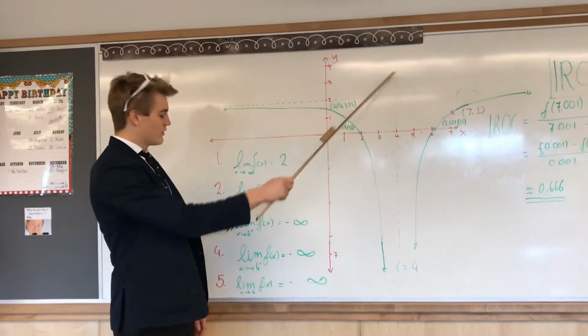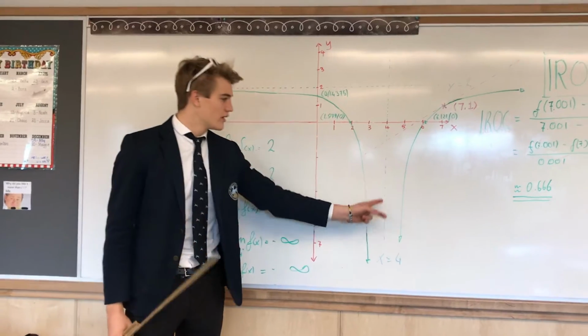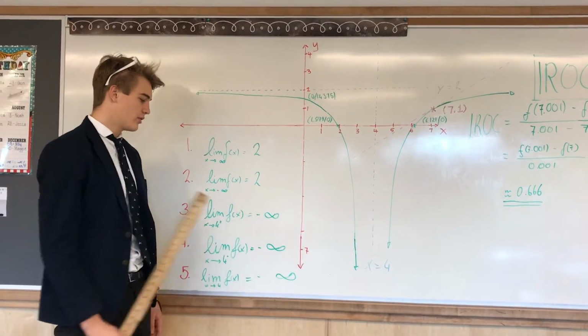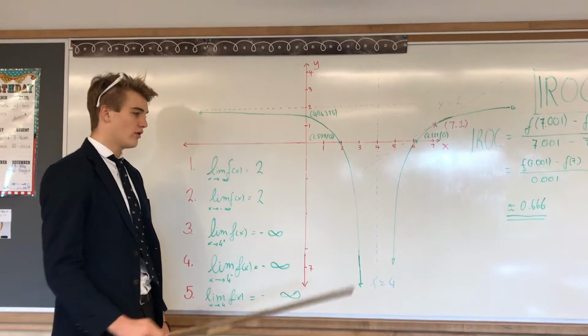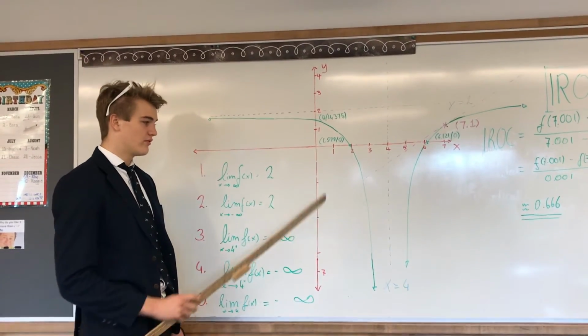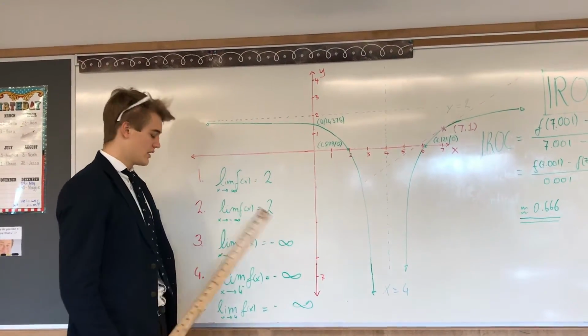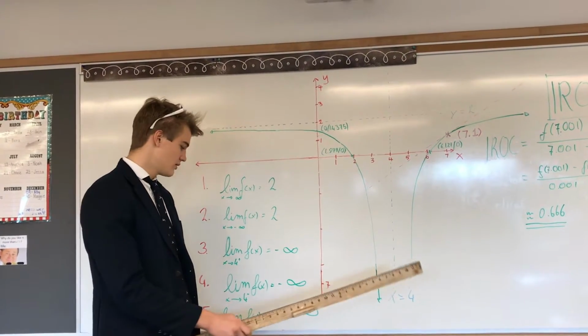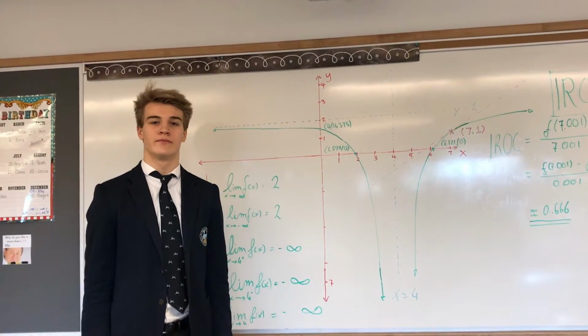And then looking at when x is going towards 4, from positive and negative, both will be negative infinity. Therefore, the long run behavior for x equals 4 is going to be negative infinity as well.